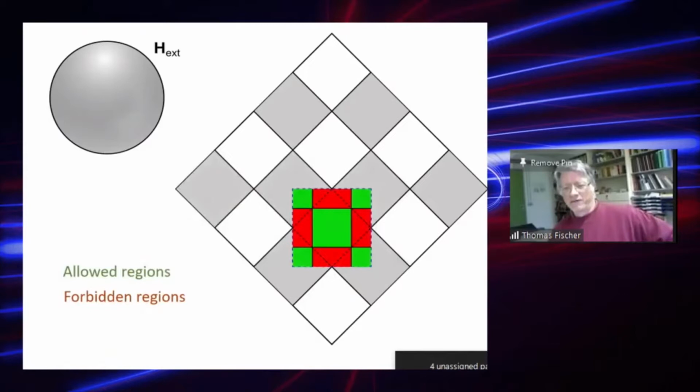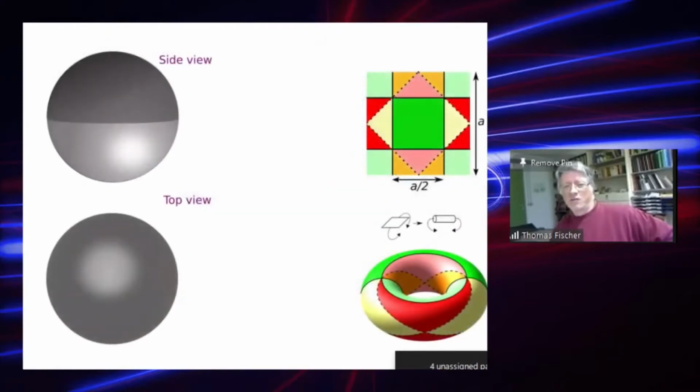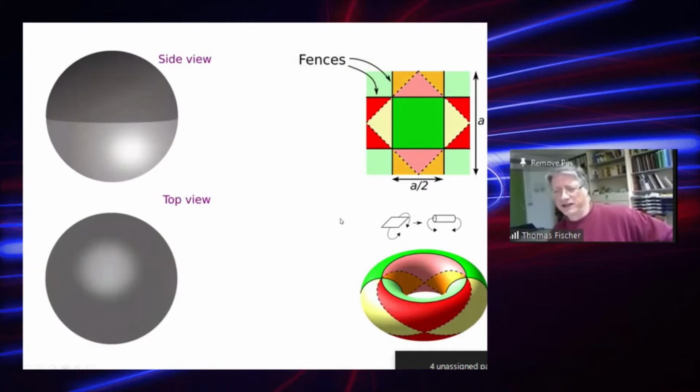We will find that minima of this potential only exist in the green areas, not in the red areas. So we have allowed regions and forbidden regions, and they are separated by fences. These are the fences, the black lines between the green regions and the other colored regions.